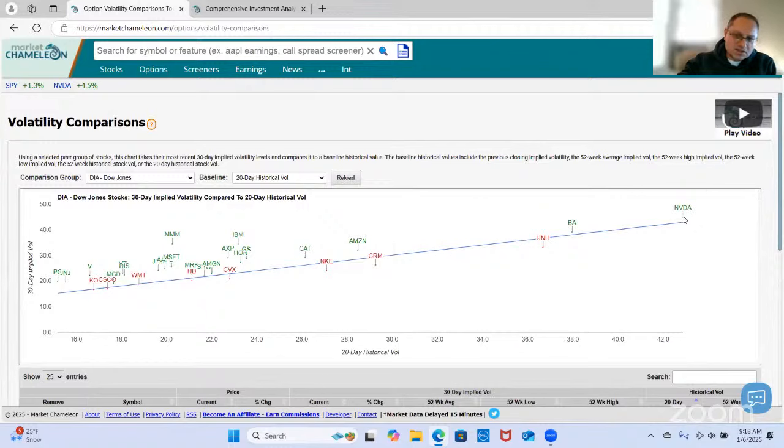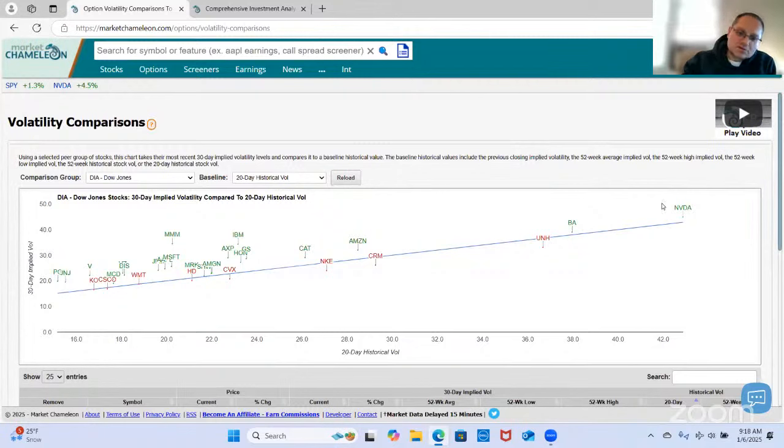So NVIDIA here, even though we looked at it from a couple perspectives, the implied volatility is trading below its 52-week average. But if we looked at the last 20 days, maybe it's justified because the realized volatility is trading even lower than its current implied vol. Okay.